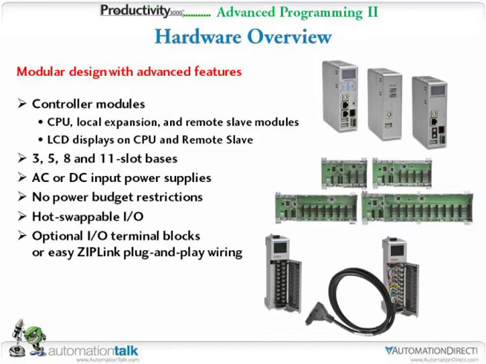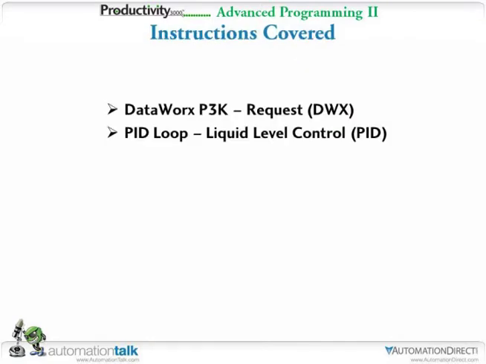And if we go to the next slide, we'll get into what instructions we're going to cover today. Not try, we will cover these today. The first one we're going to cover is the DataWorks P3K.